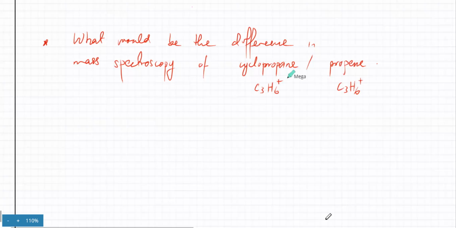Because mass spectroscopy does not detect structures; it basically detects masses. So both of them have different structures, but they have the same mass. Cyclopropane would be this thing, and propene would be this thing.